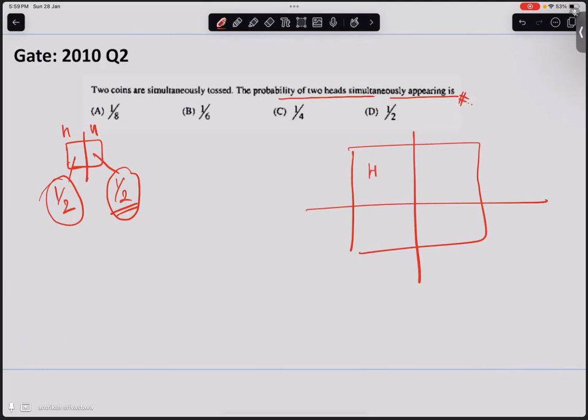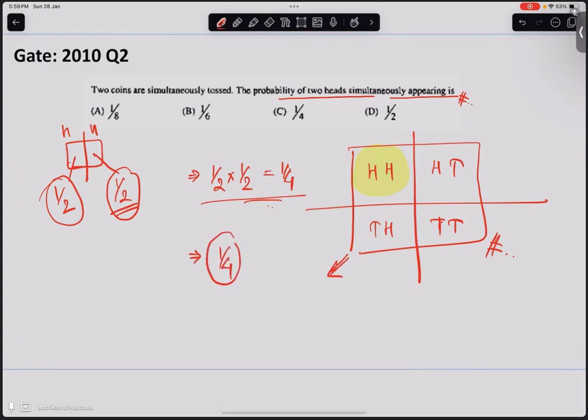You have head head, head tail, tail head, and tail tail. Right? This is the sample space, and you are asking for the probability of head head. It is going to be, either you can write it as 1 by 2 into 1 by 2, 1 by 4 by using the logic of independence, or you can get it from this sample space as 1 by 4. So option C is the correct option.